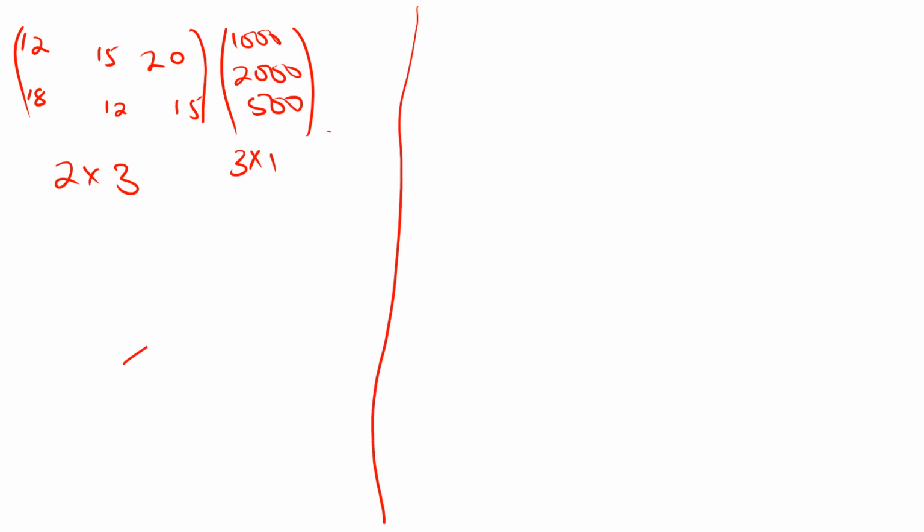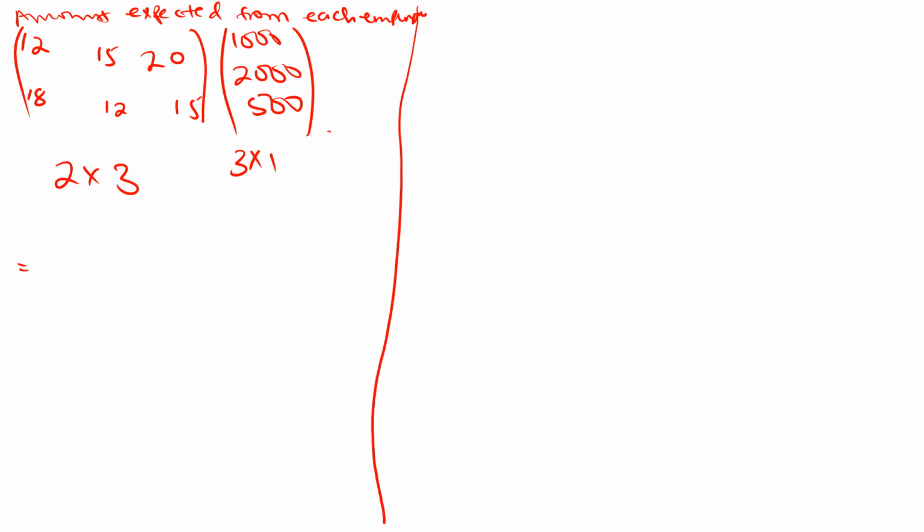So when we are multiplying those matrices, we multiply row by column. It's better you put the title there: finding amount expected from each worker, expected from each employee.